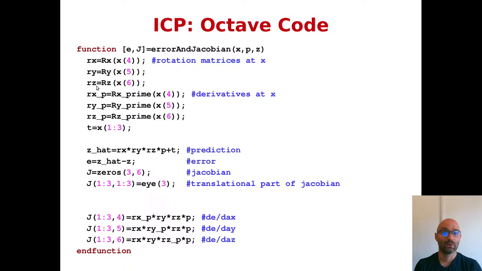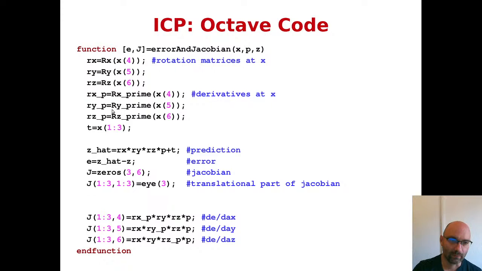Then, given that I know that I will also need the derivative of the rotation matrices, I will also get in 3 variables those derivatives, where Rx prime, Ry prime, and Rz prime are nothing else than the implementations of the definitions that you have seen in the rotation matrix slides.